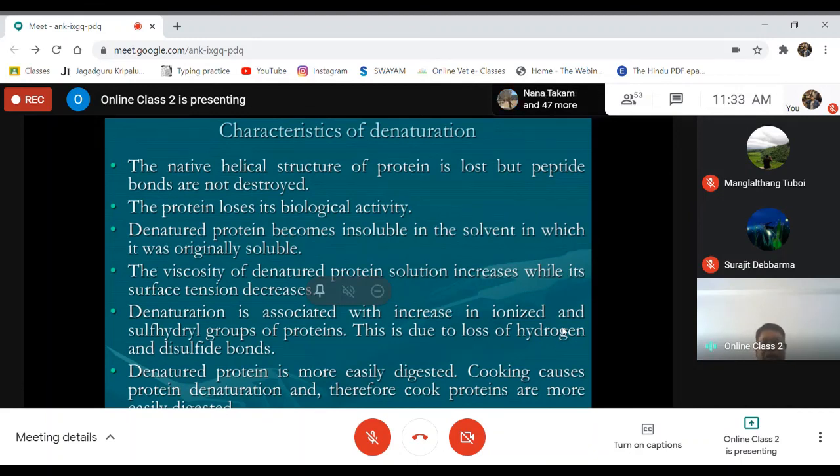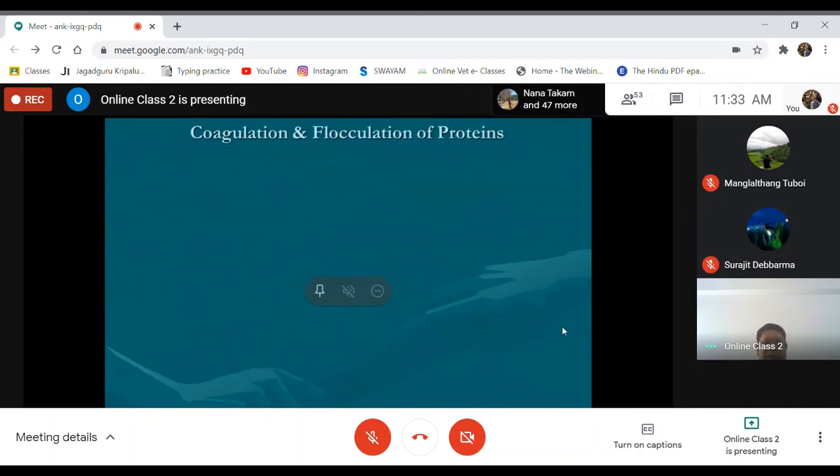Okay, the denatured proteins cannot be crystallized. Then there are some more terms related to the denaturation of the protein, called coagulation and flocculation of the proteins. The term coagulation refers to the semi-solid viscous precipitate of the protein.